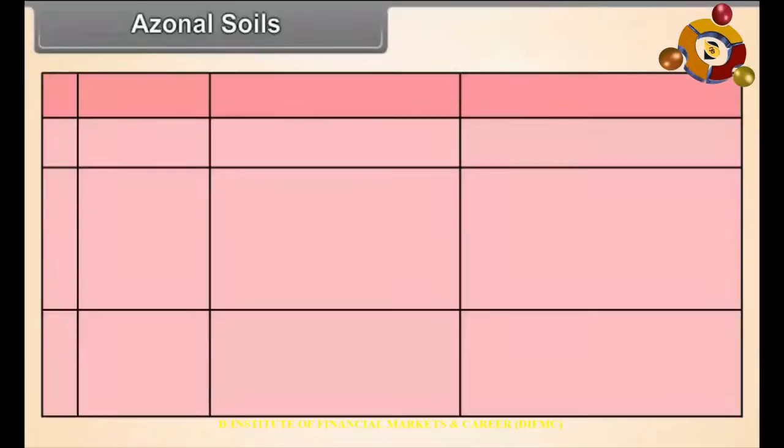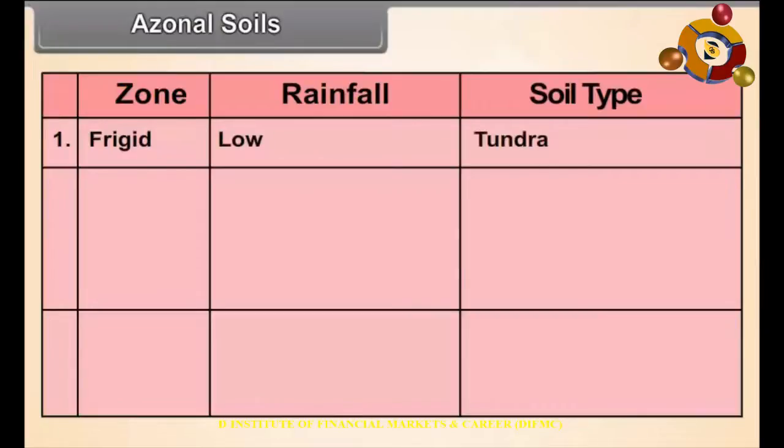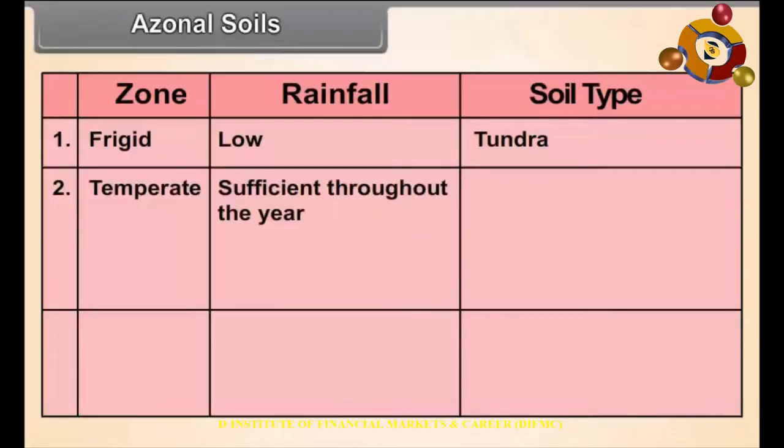Chart. Zone, frigid. Rainfall, low. Soil type, tundra. Zone, temperate. Rainfall, sufficient throughout the year, seasonal, low or very low.